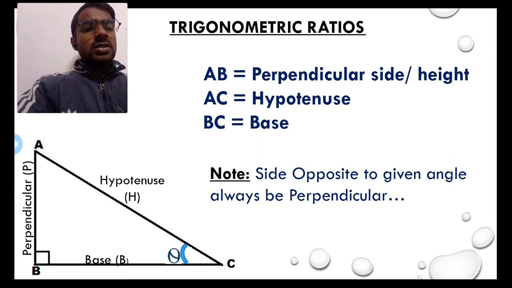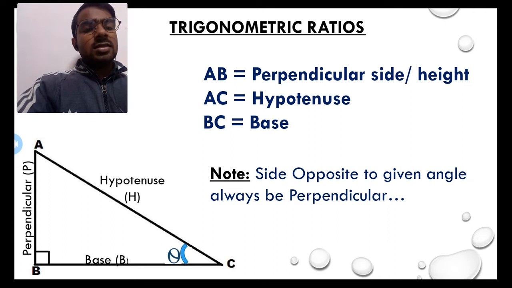Here we see a triangle ABC, with the right angle at B. So AB is the perpendicular, also known as the height, AC is the hypotenuse and BC is the base. One important note is the side opposite to the given angle.